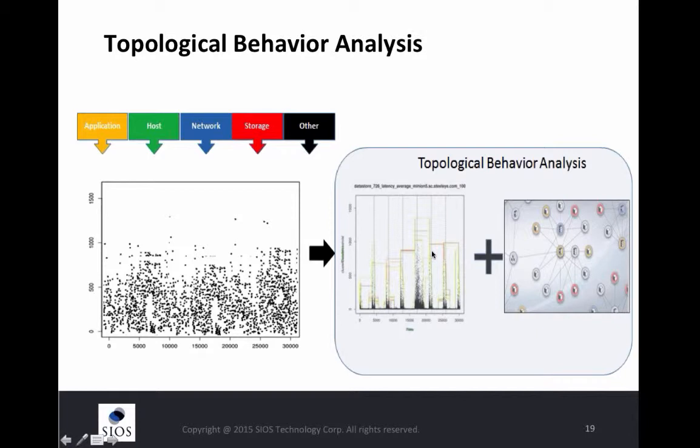And you can see here we start to form shapes as to what's expected, what are expectancy lines and things like that. Then we take that data and we couple it with our understanding of your environment, so the topology and the relationships between all of these objects. It's really important to understand not just the data and the patterns, but how all this data relates to one another. So this allows us to derive patterns, understand anomalies, and take that one step further and make recommendations as a whole.